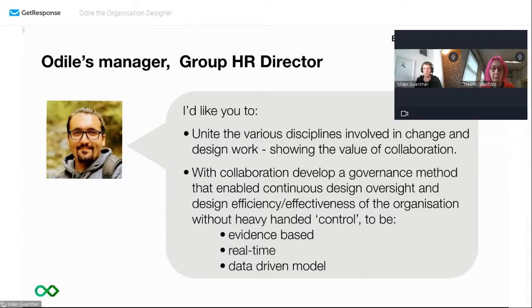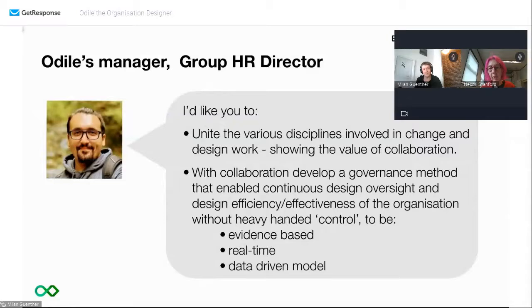So this HR director wants her to do two things: develop essentially a movement in the organization around change and design work, collaborative working, and a governance method that isn't heavy-handed and too controlling. Now look at this, it's going to be evidence-based, real-time and data-driven.